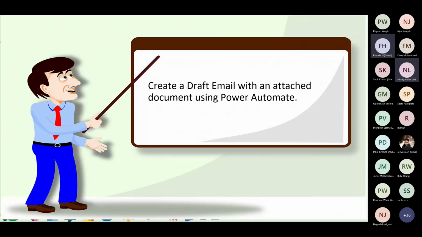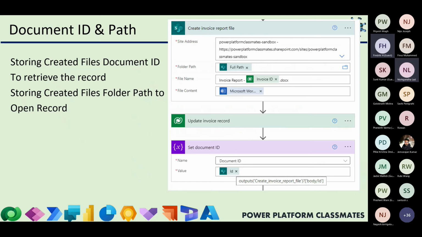Let's move on to see how we can get this Word document and create a draft email in D365. As we saw, while generating the file itself, we were storing the ID of that file in a field.